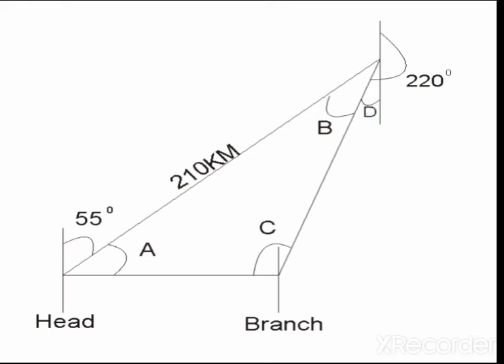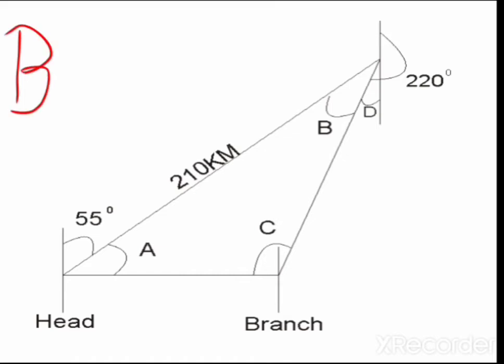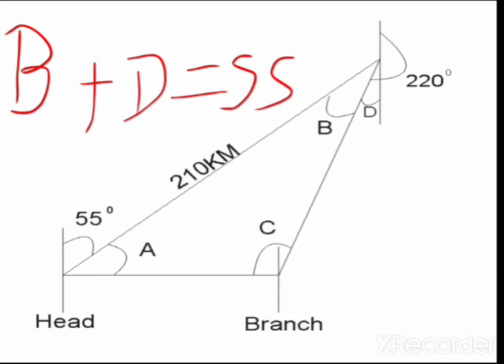Let me make it very clear. B plus D is equal to 55 degrees. The reason is that they are alternate angles. And we know that the value of D is 15.